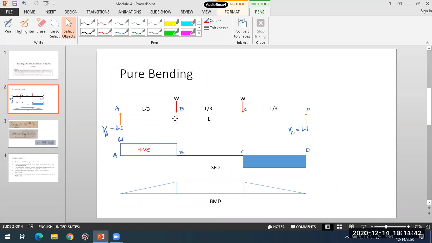Now when I come to point B and cross this concentrated load, what happens here? What are the forces to the left of the section? It is VA and this downward force W. VA is W and it is acting in an upward direction. Left side upward force is positive, so VA will be taken to be positive, whereas the concentrated load applied at B is in downward direction, so it will be considered negative.